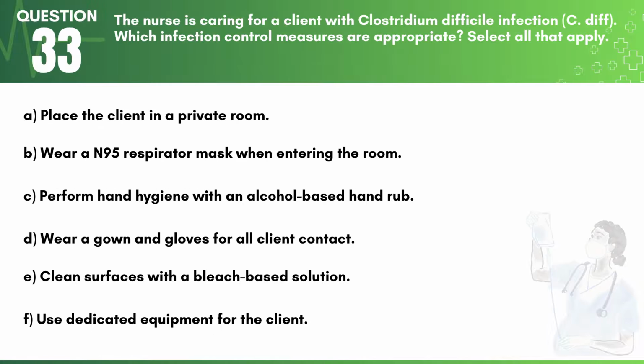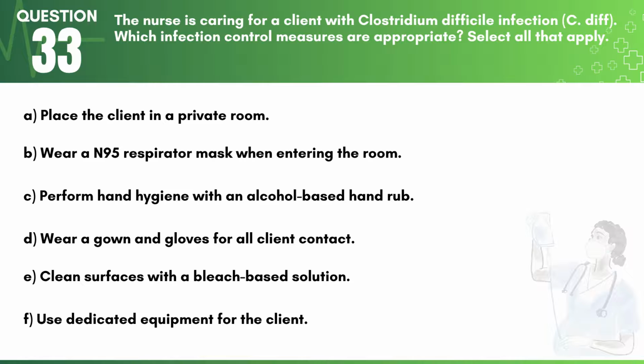Question 33. The nurse is caring for a client with Clostridium difficile infection, C. diff. Which infection control measures are appropriate? Select all that apply. A. Place the client in a private room. B. Wear a N95 respirator mask when entering the room.